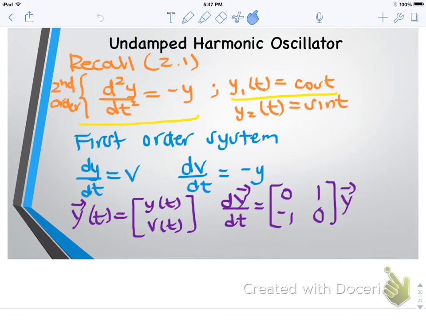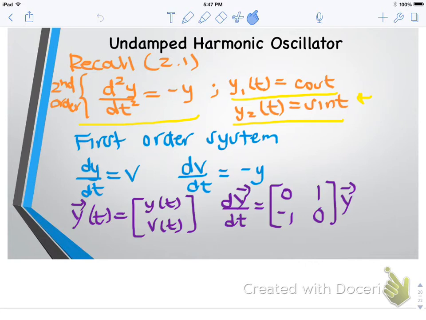I believe someone in the class said that sine of t was a solution, and we said it wasn't, or I can't remember, but it actually is, and you can check that too. If you take the prime and the double prime of it, the left hand side equals the right hand side. So we have two solutions for that second order differential equation model.